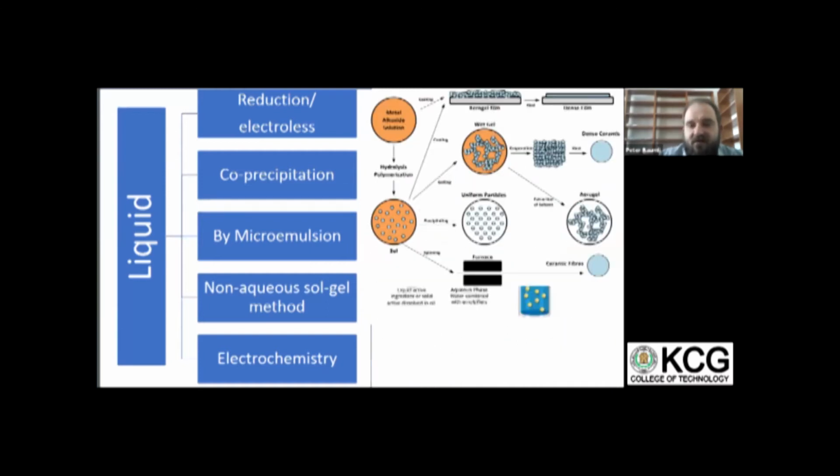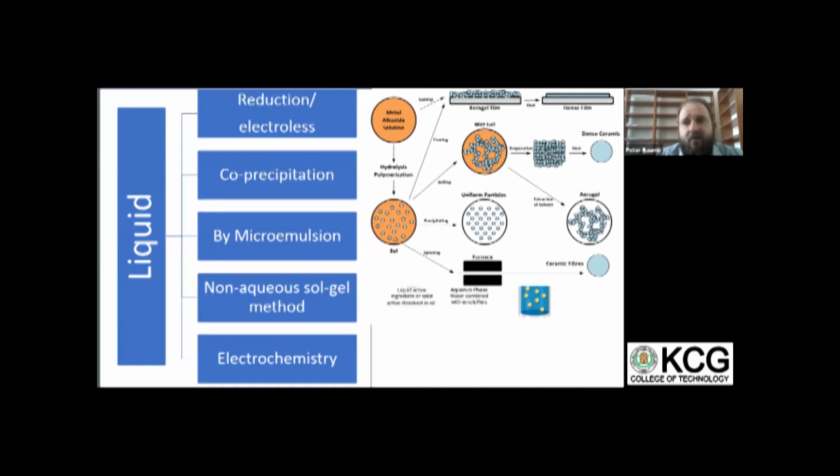Also an interesting technique is the non-aqueous sol-gel technique. Non-aqueous means that until now we used, for example, water as a solvent. In this technique, because the product could be sensitive and we would like to avoid water, we use, for example, alcohol.